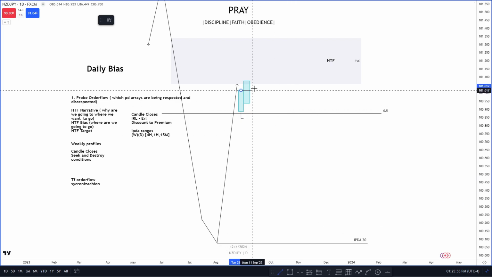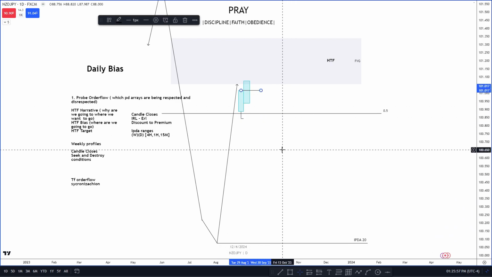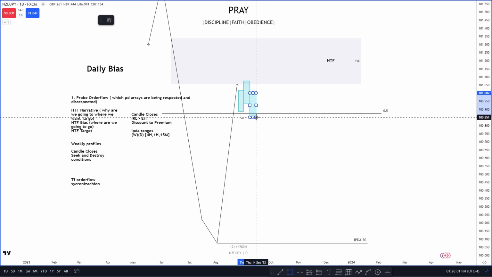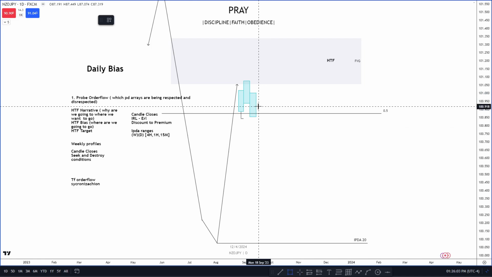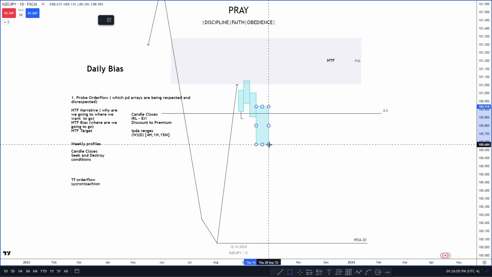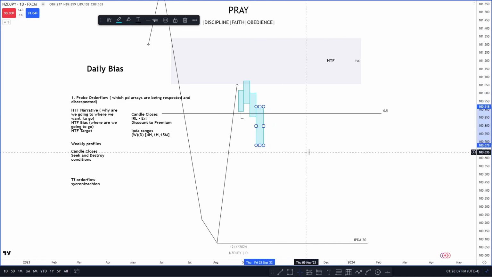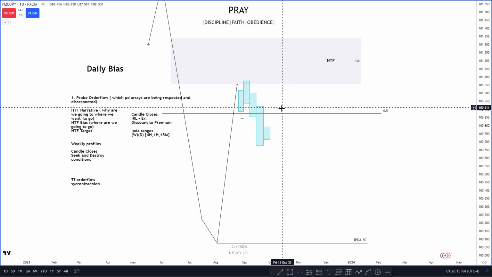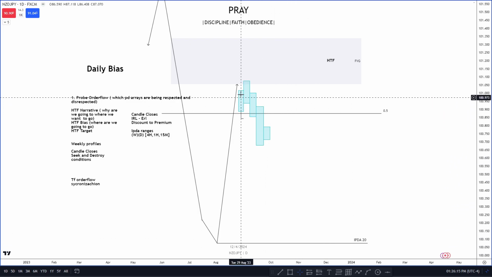Turtle soup all the orders that were here. And then we're going to continue lower. That's also weekly profiles. Once everything aligns, you can start to see price go and displace lower before coming back to close for your weekly open, right?